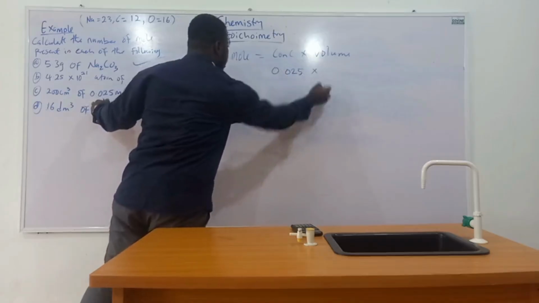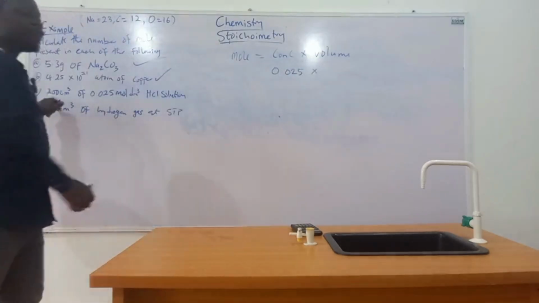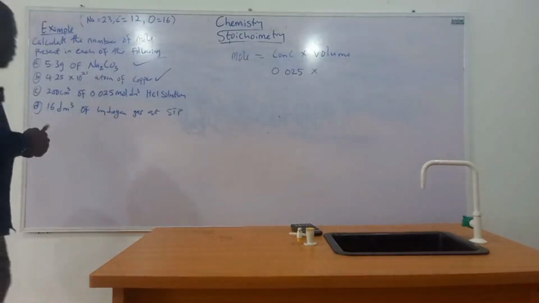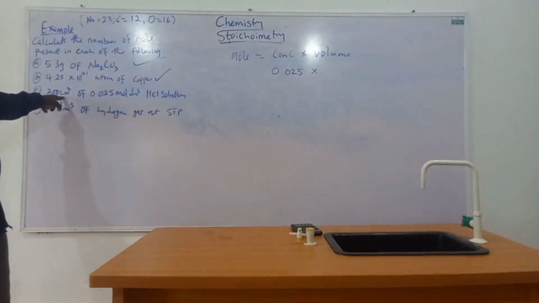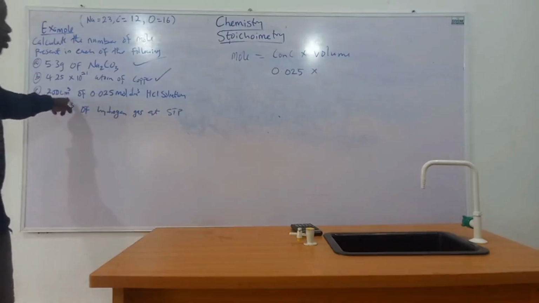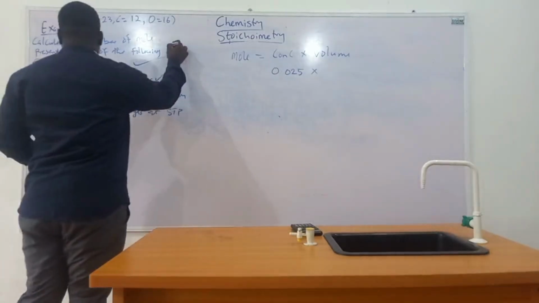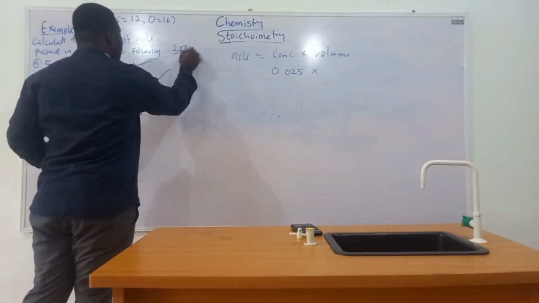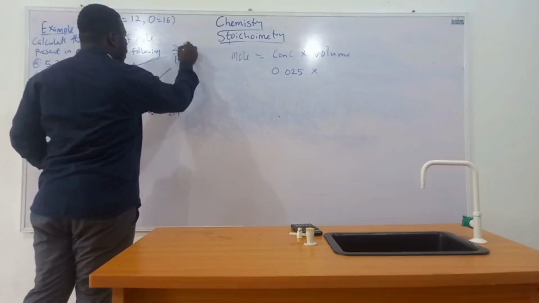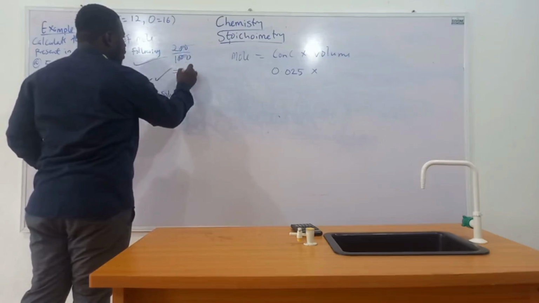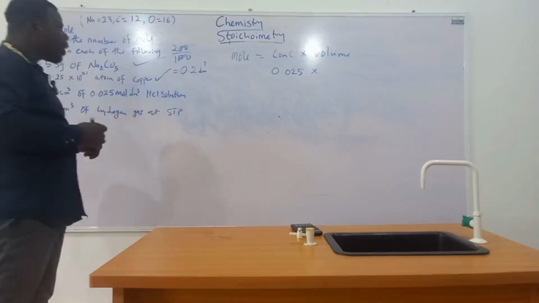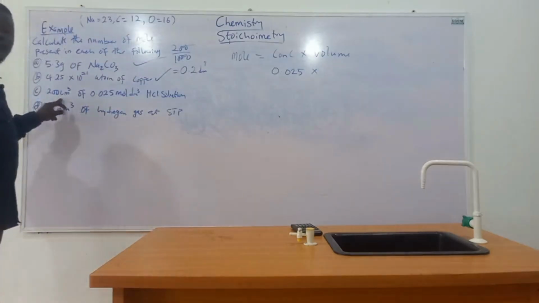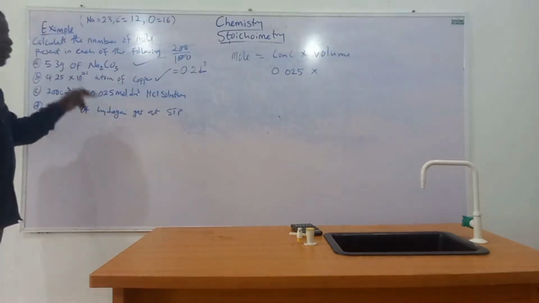So concentration here is 0.025 times the volume. This is the volume, but we cannot multiply it like this because this volume is in cm cube, right? So what do we do? We have to convert to dm cube by dividing by 1000, and this will be 0.2 dm cube, right? So we divide 200 by 1000 to convert to dm cube.